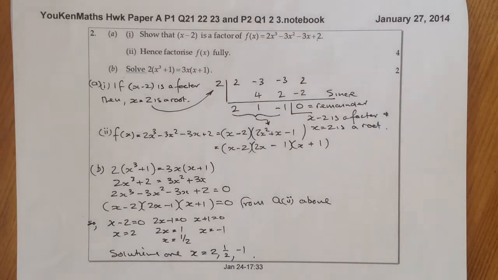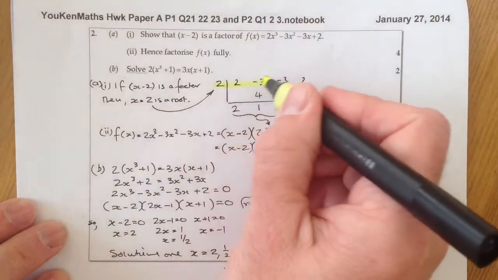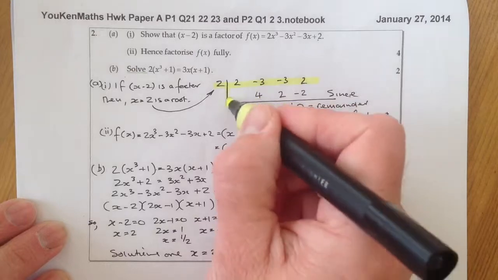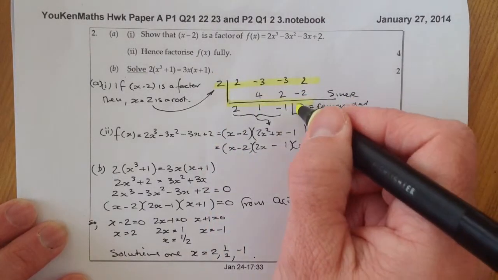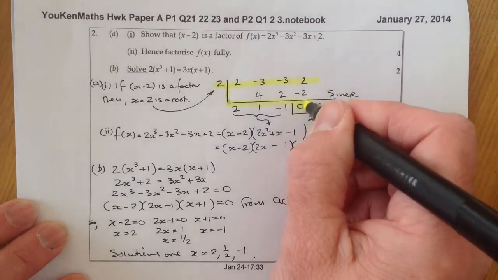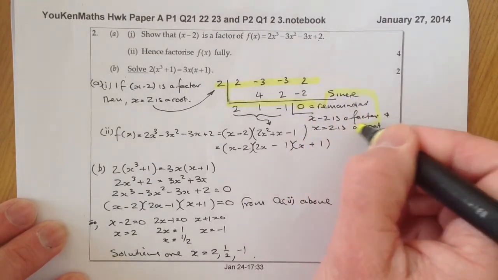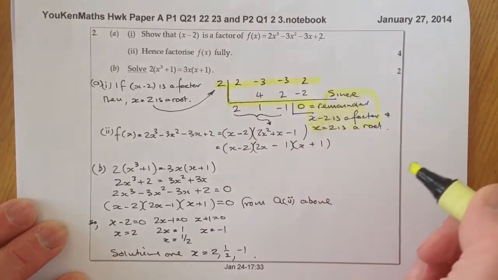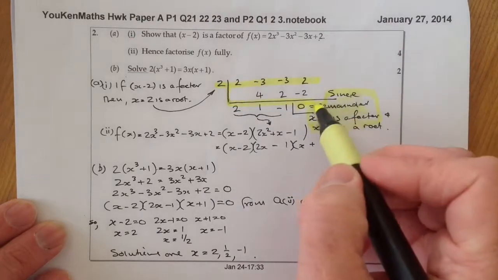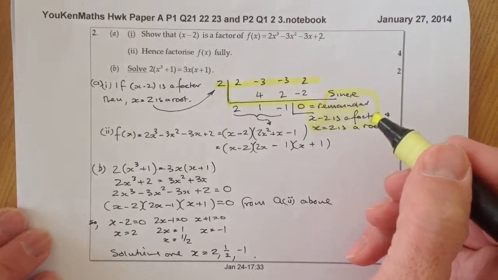Let's see where the marks are going to be given here. I'll give 1 mark first of all for setting up the synthetic division with the 2 on the outside. The next mark is given for processing it to 0 and also making a statement regarding x minus 2 being a factor, and 'equals the remainder' must be in there as well for that mark.